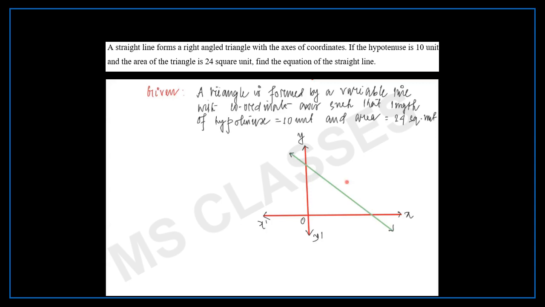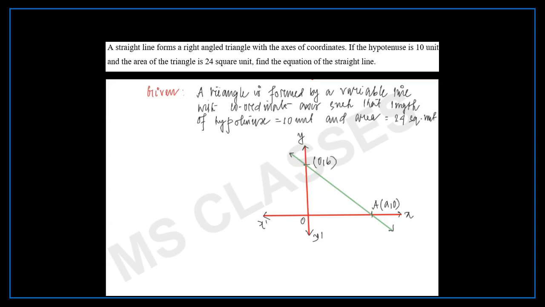Now, here the measure of the x-intercept and the y-intercept we can take as A and B unit. This one we take as A unit and the y-intercept we take as B unit.